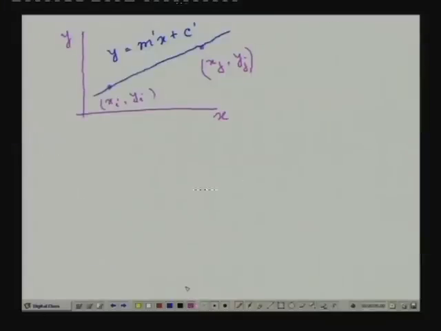Now, as we have seen earlier, a point in the x y plane is mapped to a straight line in the MC plane, or the parameter space. So, here, since we have 2 points in the x y plane, these will be mapped to 2 different straight lines in the MC plane. If I find the mapping in the MC plane, it will be something like this.